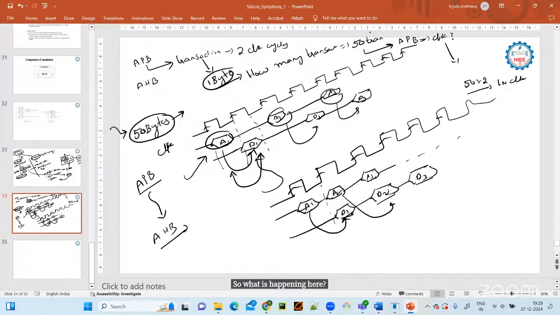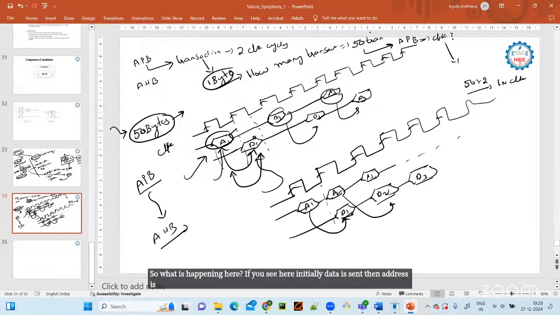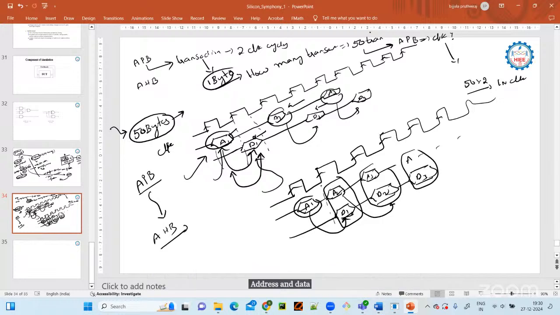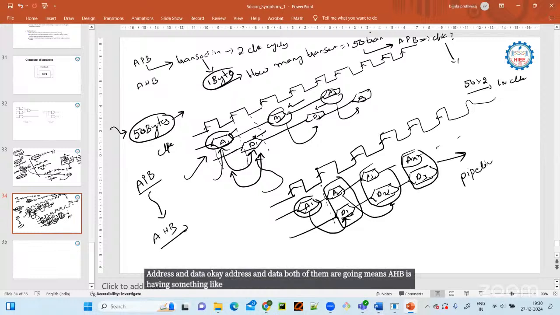Initially the address is sent, then the data. But from the next clock cycle onwards, both of them are going: address and data, address and data. This means AHB has an advanced feature like pipelining.